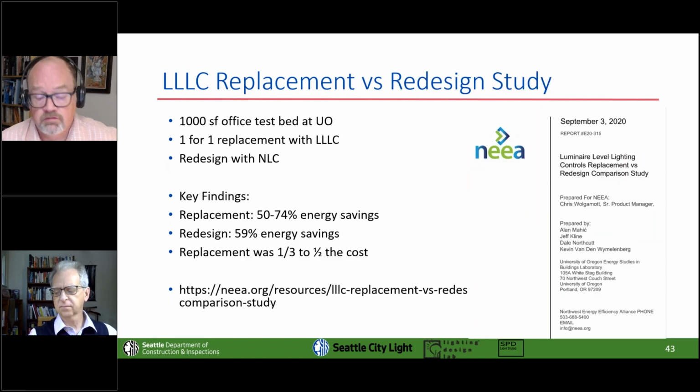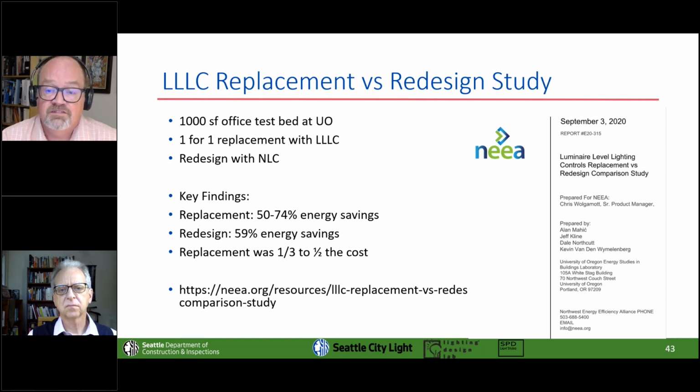So NEEA, Northwest Energy Efficiency Alliance, did a study a couple of years ago with Kevin Van Den Wymelenberg down at the University of Oregon, and what they decided was that replacement light fixtures saved up to 74% energy with LLC. That's great.